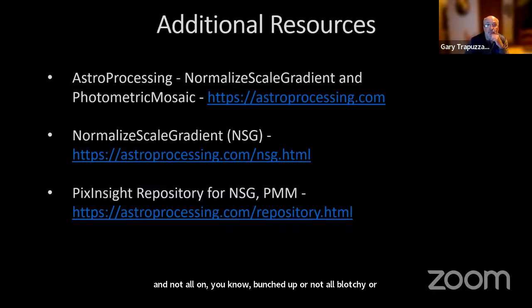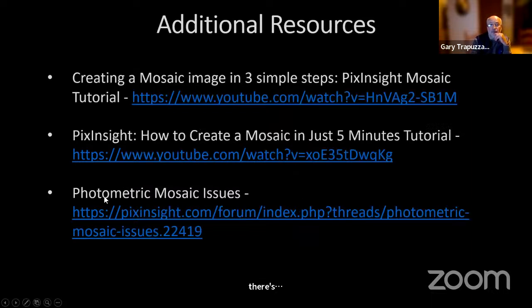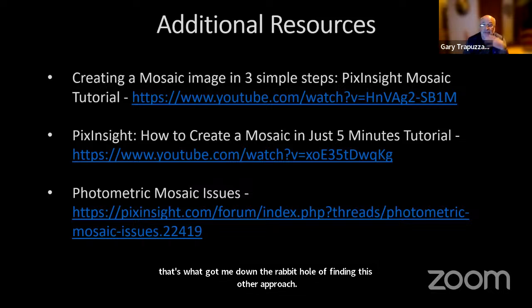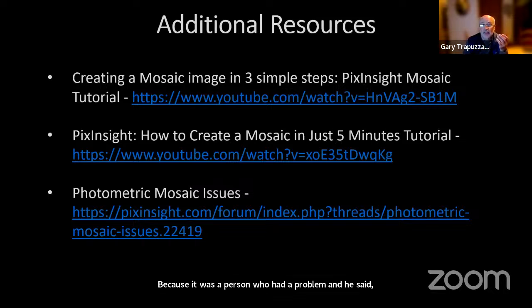This particular photometric mosaic issues is a forum thread that's really quite interesting. I bumped into that, and that's what got me down the rabbit hole of finding this other approach. It was a person who had a problem, and he said, what do I do about this? He was really detailed in his description of it, and he had screenshots and images showing exactly what he was seeing, and it was really well done.